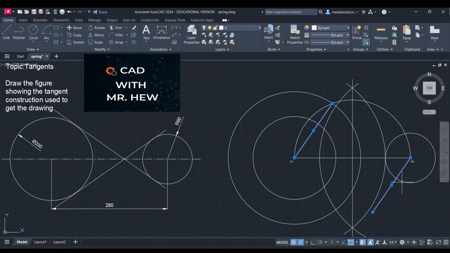Now where these two normals intersect the circle, that intersection point is called a point of tangency, okay? So it is at this point that you're going to draw the line which would represent the internal tangent that is common to the two circles of different radii. All right, so let's do that now.